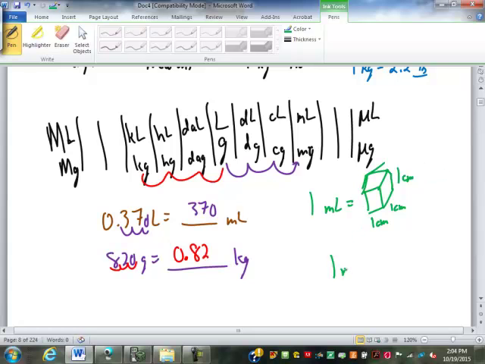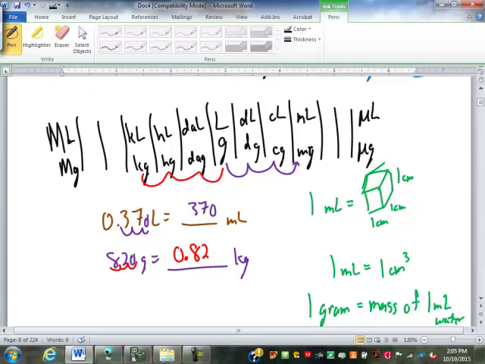So 1 milliliter is 1 cubic centimeter. 1 gram is defined to be the mass of 1 milliliter of water. So all of the units, length, capacity, and mass, are linked together in the metric system.